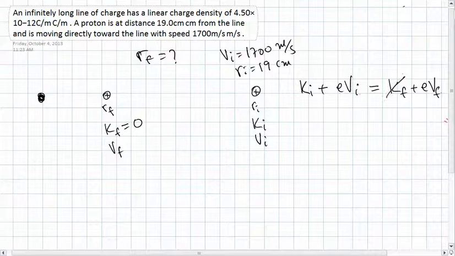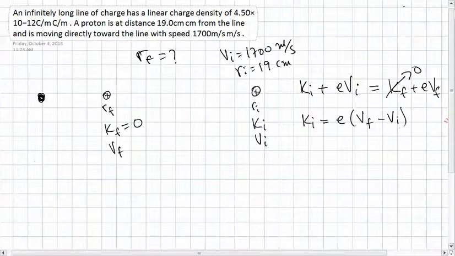And so this is zero, so I can write this as Ki equals e(Vf - Vi). So what we need to do is find what this quantity is. And this is the work done by the electric field.